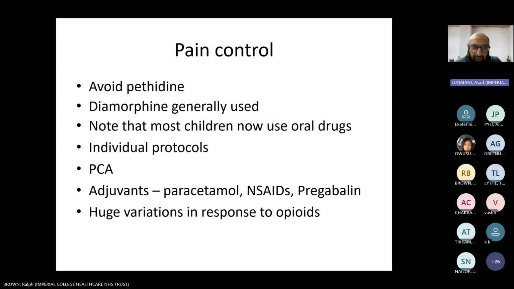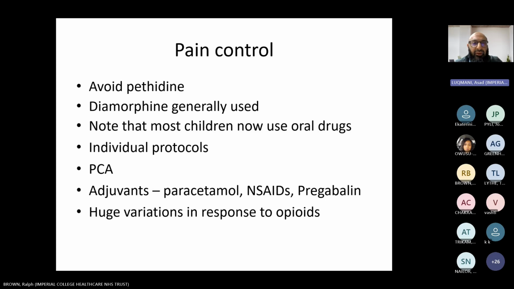However, in recent years, there have been inconsistencies and shortages of supplies of diamorphine. So many centres now, including ours, have changed to morphine as the first line default opioid of choice. It was also noted in the NICE guidance that many children are on oral opioids. The importance of the individual protocols was highlighted.